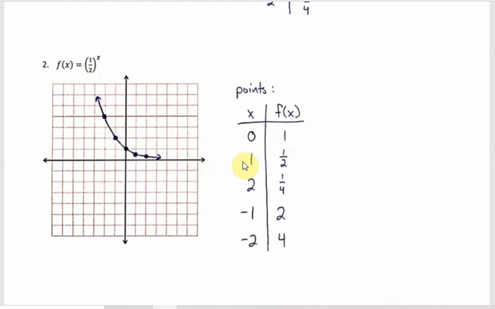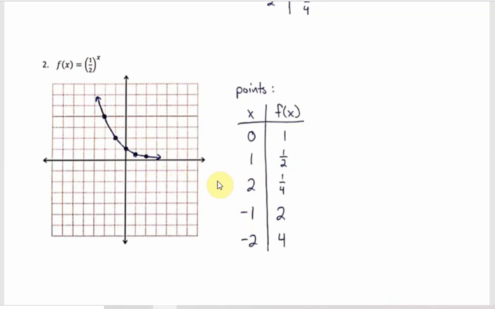But now if you raise this 1 half to any positive exponent, where you get 1 half to the first, 1 half squared, those are going to be little numbers, right? 1 half to the first is just 1 half, squared is 1 fourth. So now with positive x values, you're going to get these little y values here that get closer and closer and closer to the axis but never touch it.